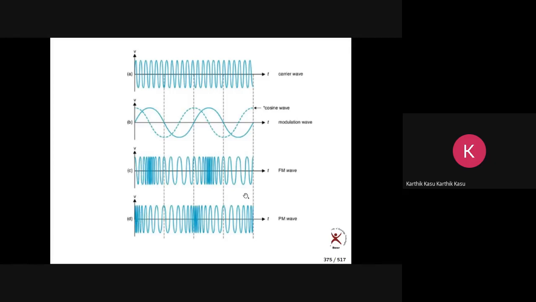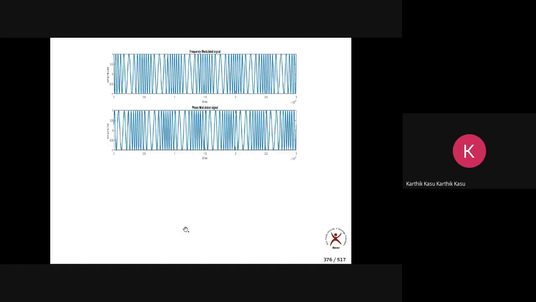The rest is similar. Observe these lines. They are very similar. So these are the waveforms. This is a frequency modulated signal. This is a phase modulated signal. They look similar. They are almost the same.